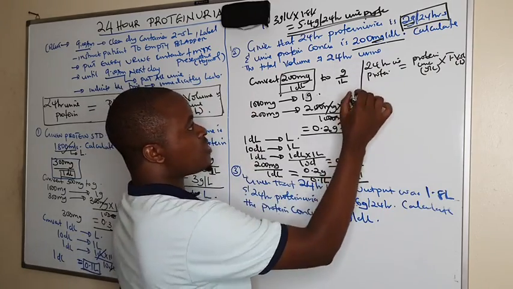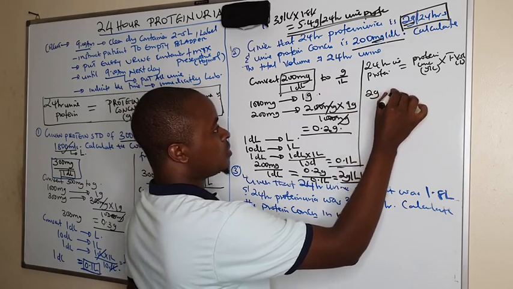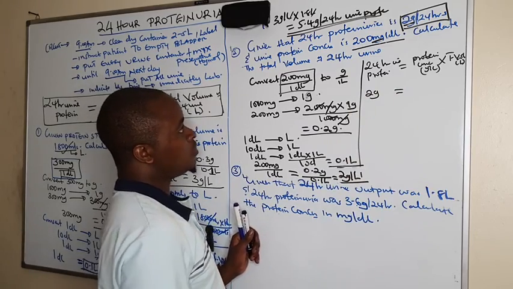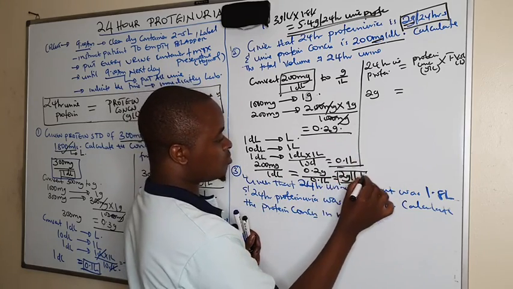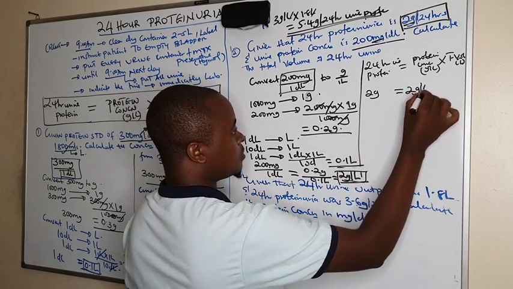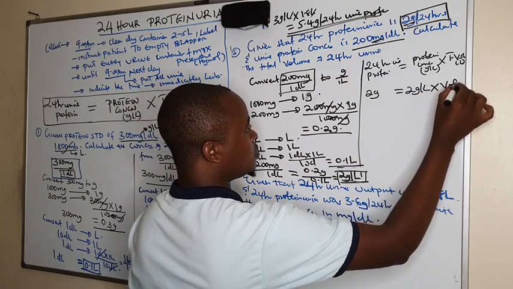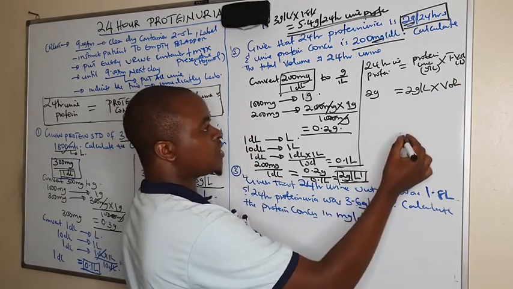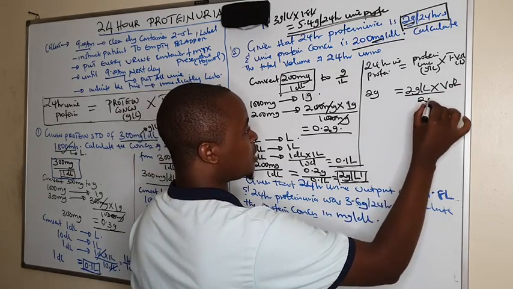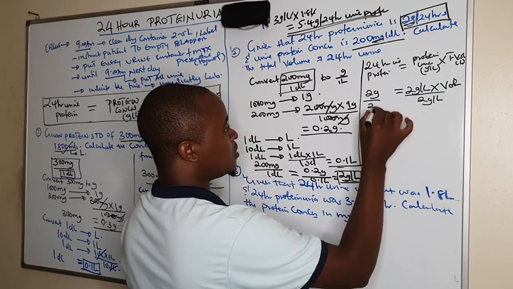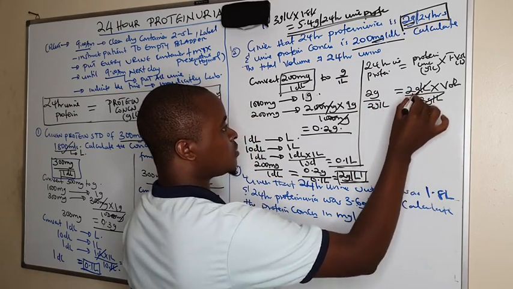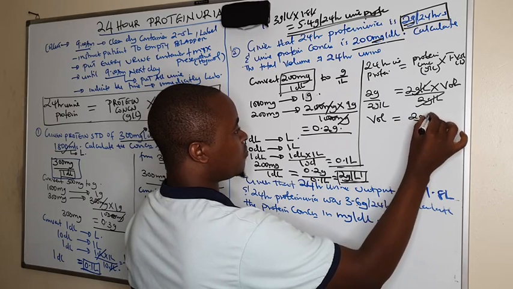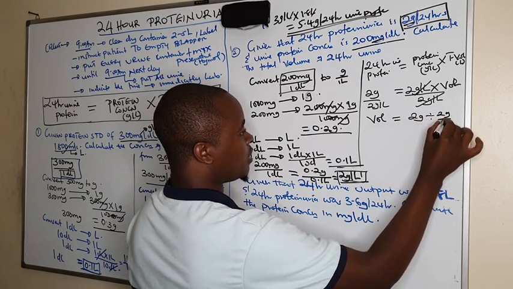And we are given the 24-hour urine proteinuria as 2 grams, which is equal to the protein concentration, which we have got here, 2 grams per liter, times the volume which we want. So from here we make the volume the subject of the formula by dividing both sides by 2 grams per liter. We remain with the volume equal to 2 grams divided by 2 grams per liter.